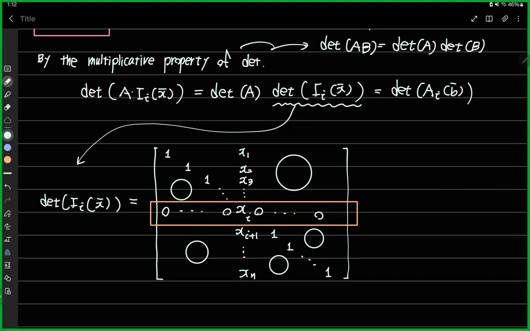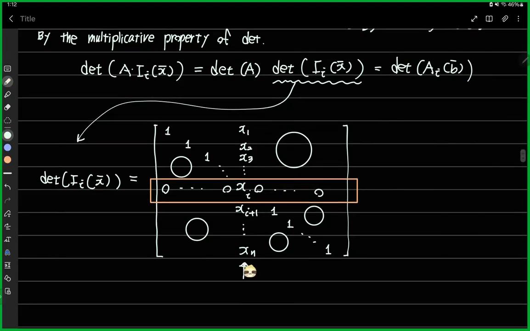Then this is the x bar, right? And in the ith column of the identity matrix I sub n, that's the ith row.